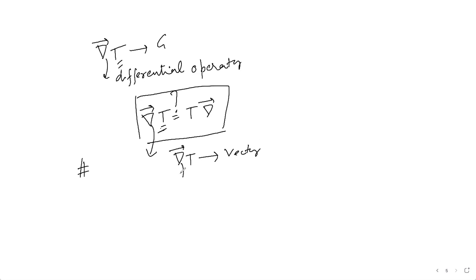So that means this is an operator which is very much like, you can say, eager to differentiate something, right? That's what it is called, a differential operator. And this is eager to differentiate.